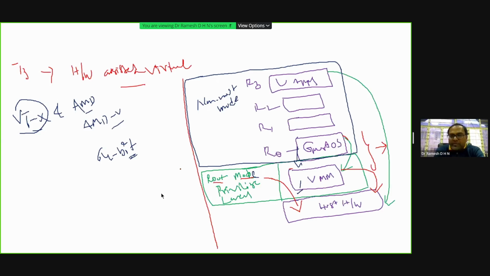Apart from the hardware CPU assisted virtualization, what we have is memory virtualization and IO virtualization, device and IO virtualization concepts.